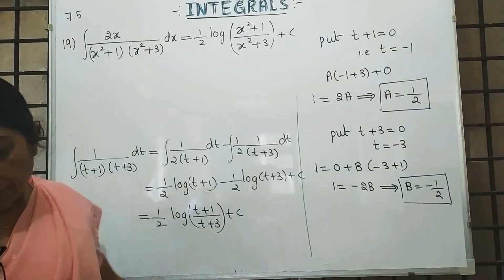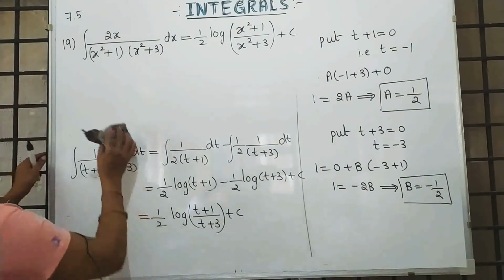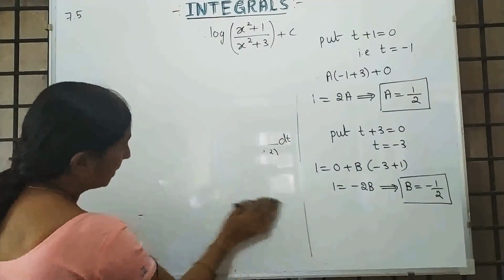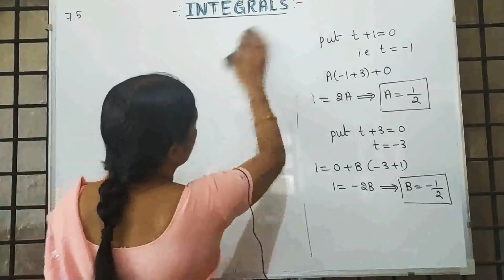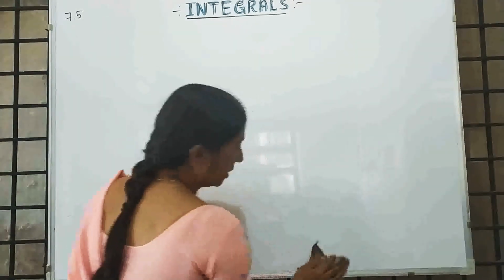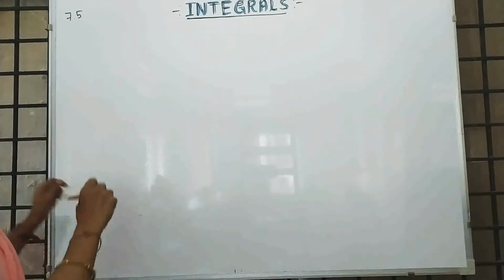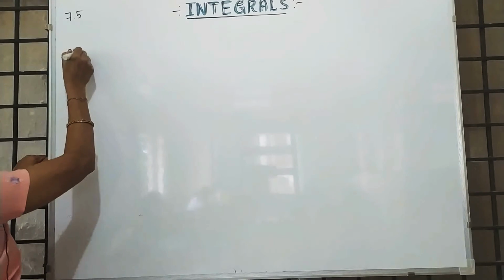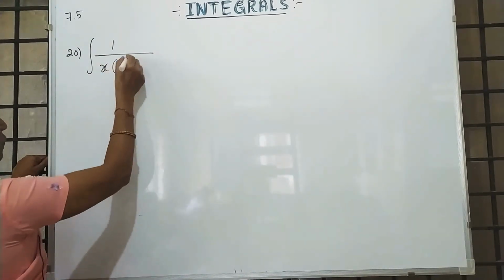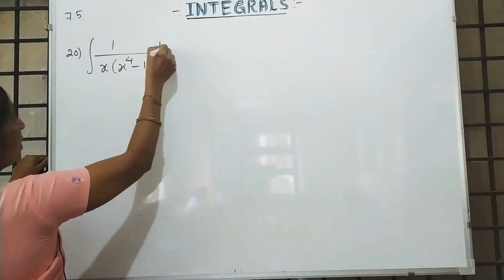Now moving to the next question, question number 20. Already we solved one similar example and I told you that it is very important for your CET. Integration of 1 upon x into x raised to 4 minus 1 dx.